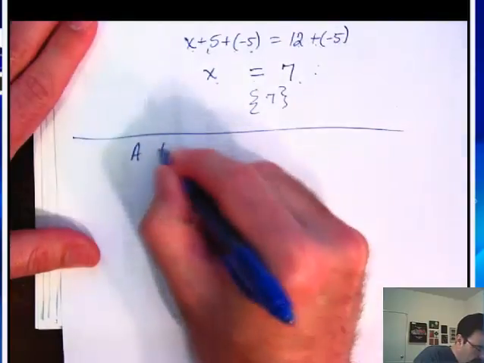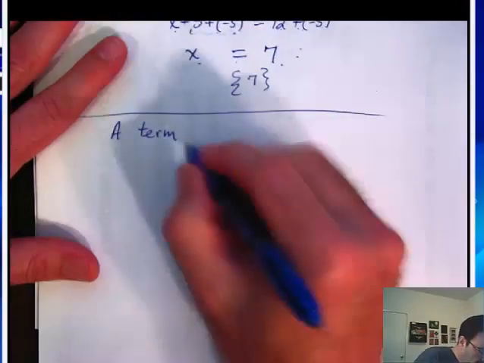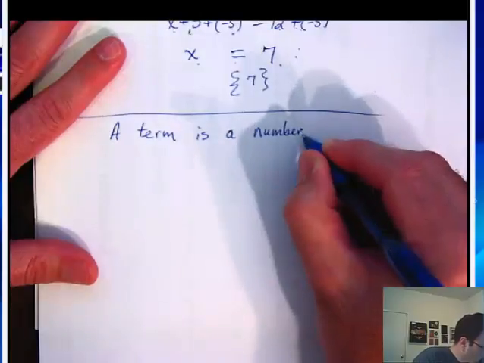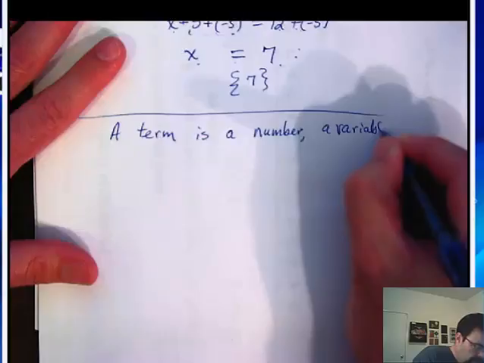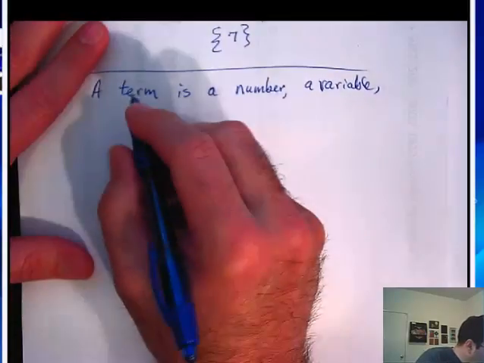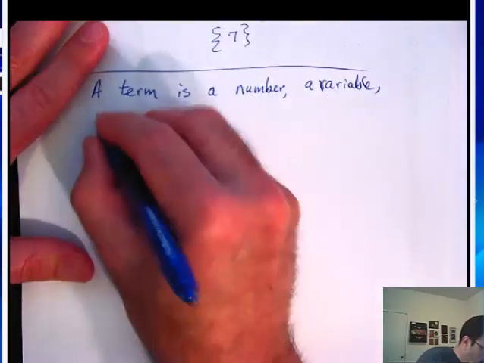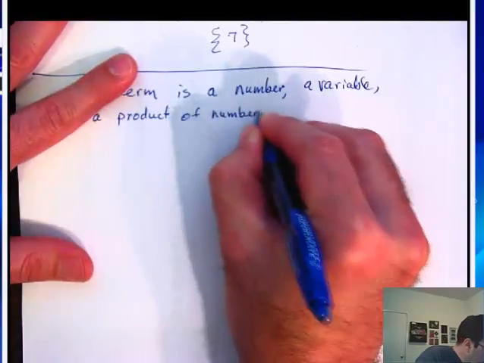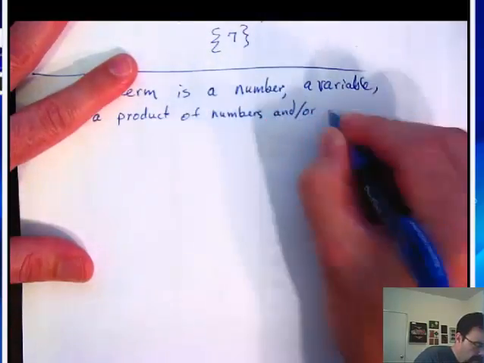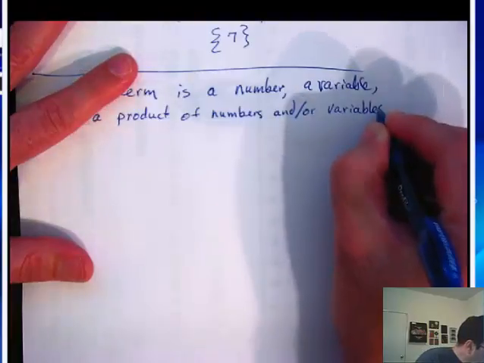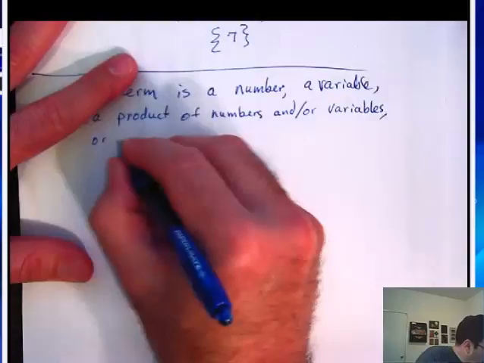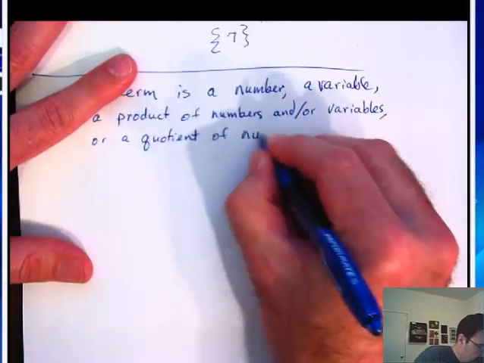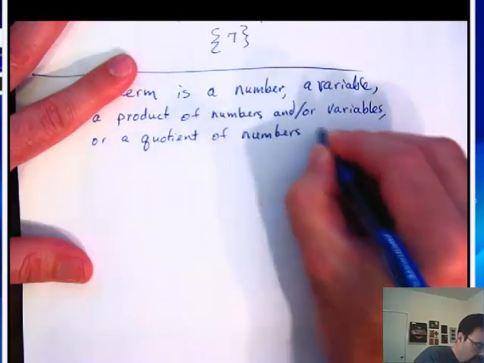A term is a number, a variable, a product of numbers and/or variables, or a quotient of numbers and/or variables.